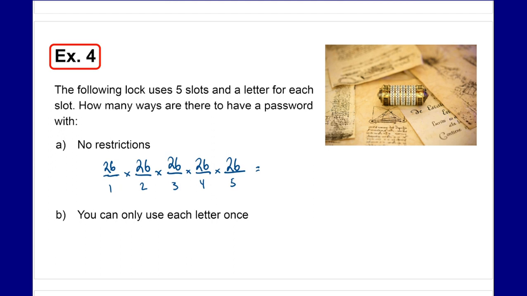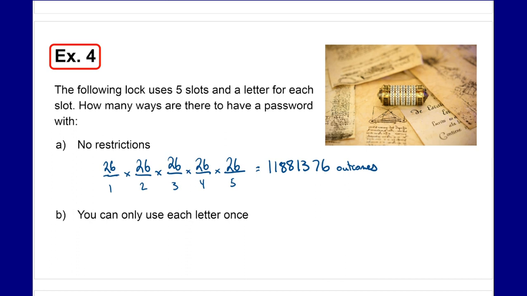So in this case, 26 to the power of 5, sorry, or 26 times itself 5 times, 11,881,376. So 11,881,376 possible ways or outcomes for this 5-letter password.